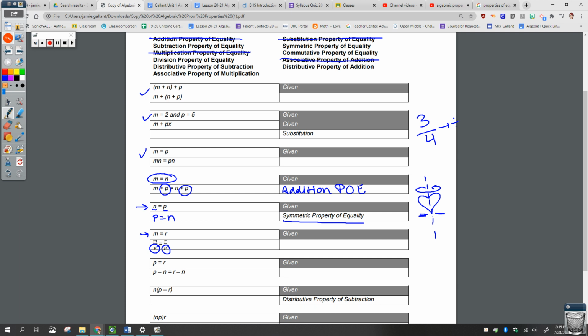Your fraction kind of looks like a division symbol, a number on top of a number. So basically we're taking the top number and dividing it by the bottom number. So it's not just that I put them over the same fraction, I've actually divided both of these by p. So knowing that, this should be the division property of equality.